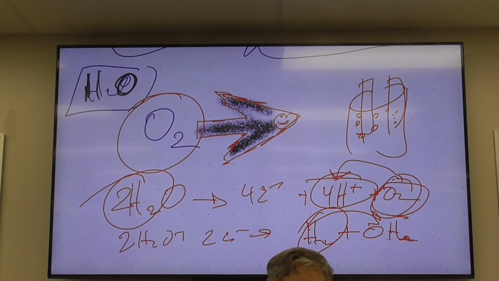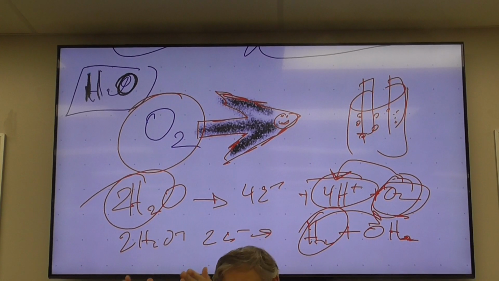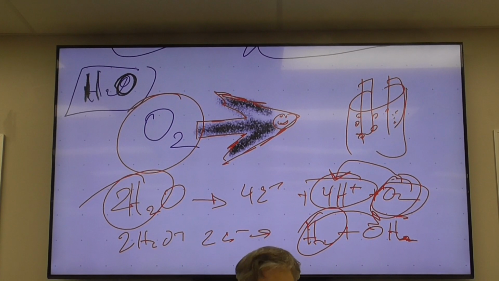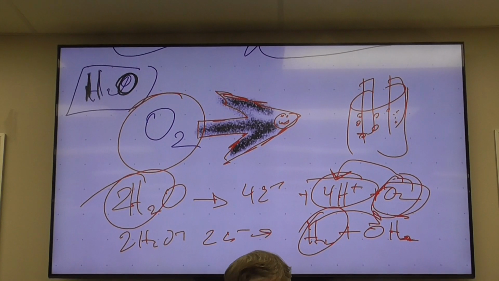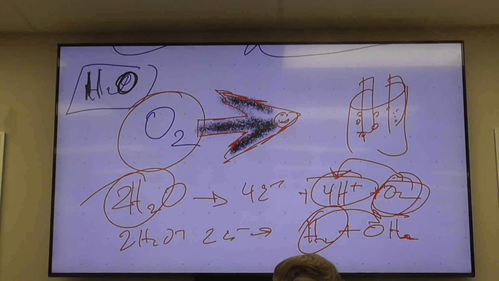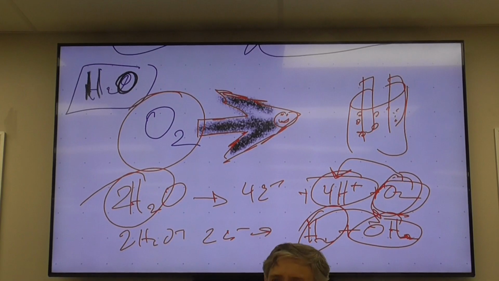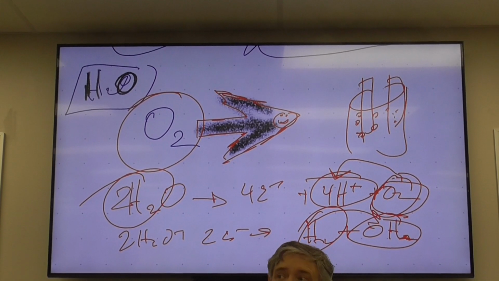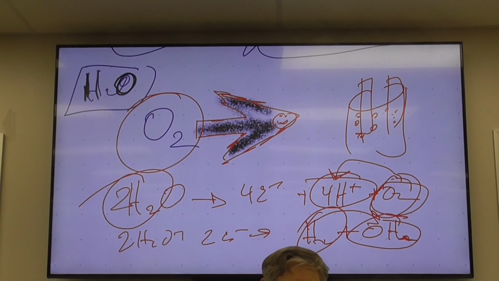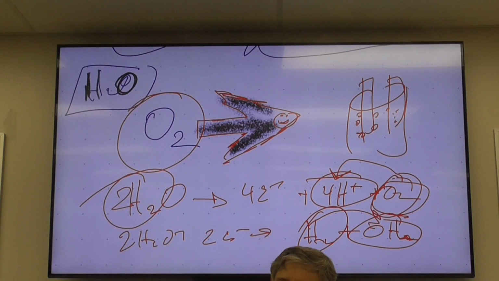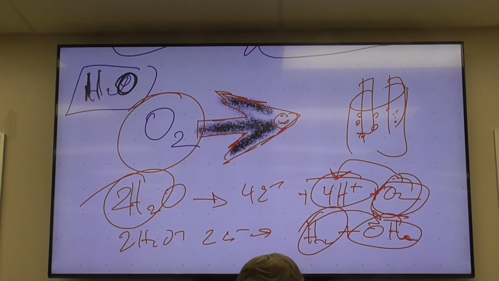Okay? So that's an easy way to remember. Hydrogen goes with hydroxide. Hydrogen, hydroxide. So if you're producing hydroxide, and let's say, for example, you add phenolphthalein, what's going to happen? Yeah, you're going to get a color change. Okay? So that's kind of the depth of understanding that you need with this.